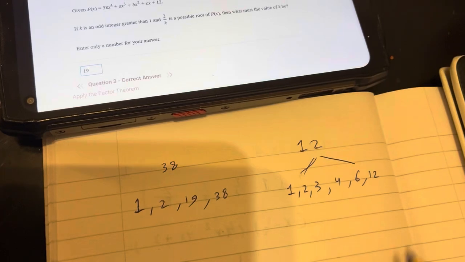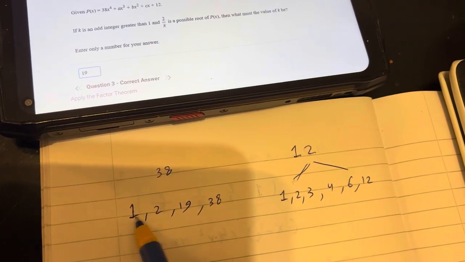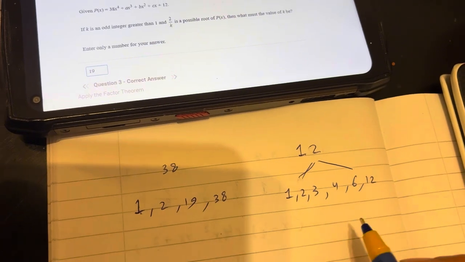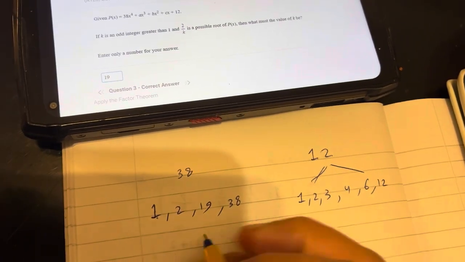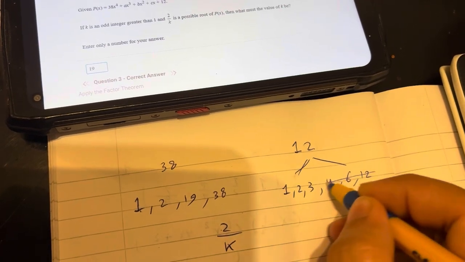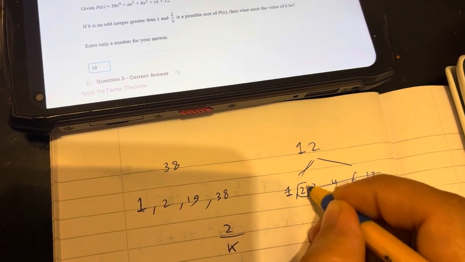These are the factors. So we have 1 over 1, or 2 over 1, or 3 over 1, and so on. So he said 2 over k. He already gave you 2 over k. So I know that I'm not taking all of this, I'm just taking the 2.